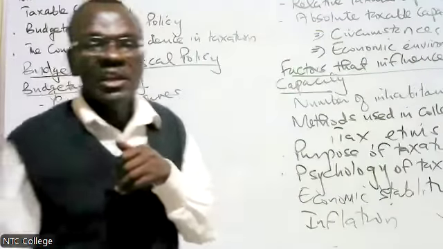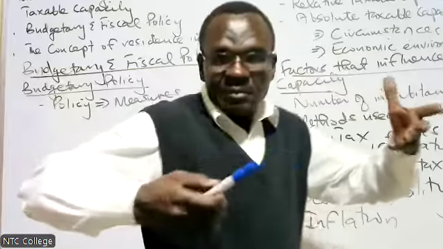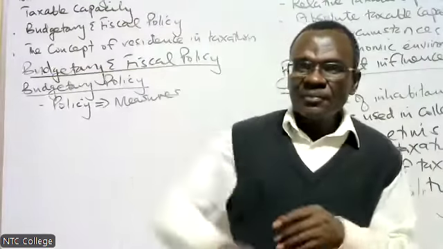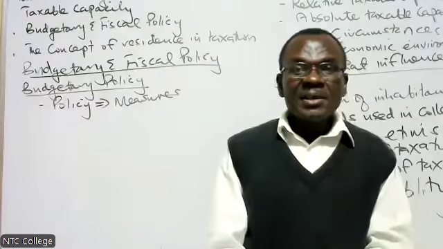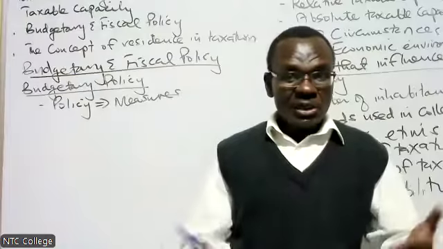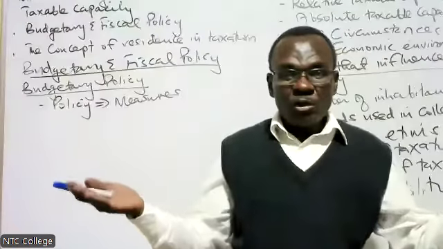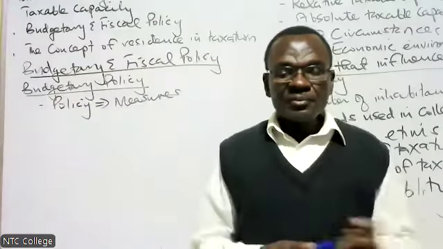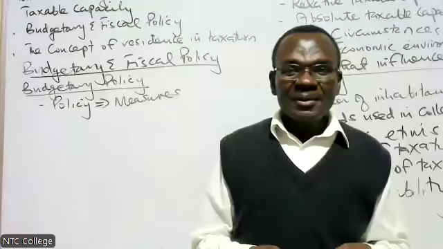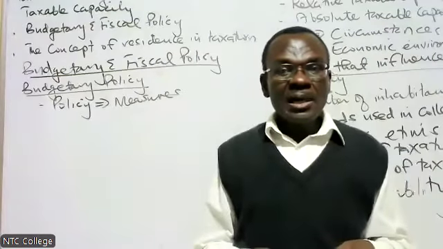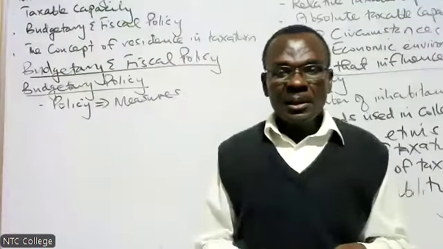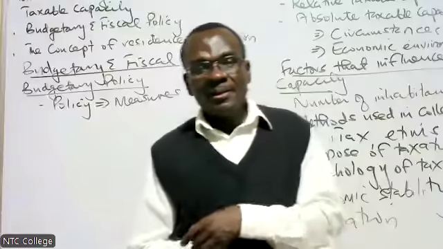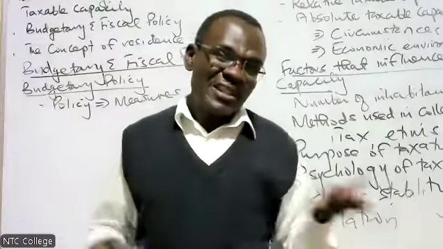For example, in the budget, through spending, allocating of money, the government might have a policy to reduce prices in the economy. How is that? The government could subsidize, it's called subsidy.